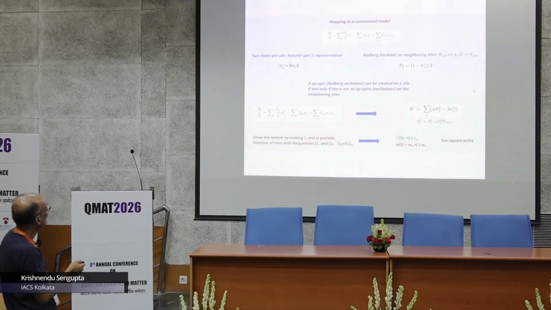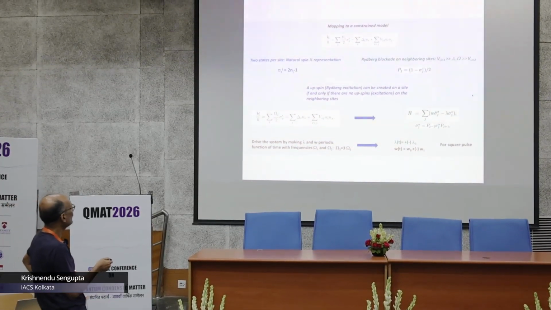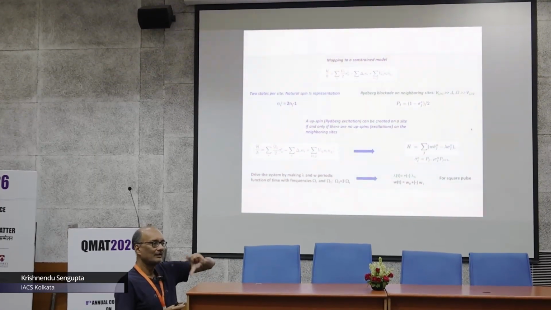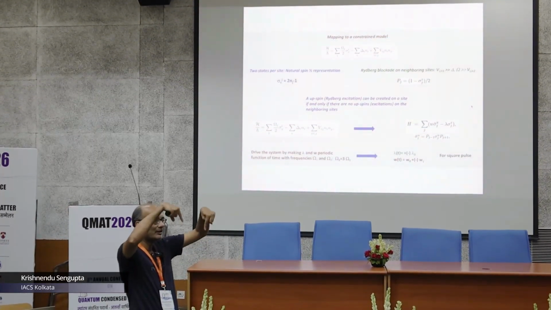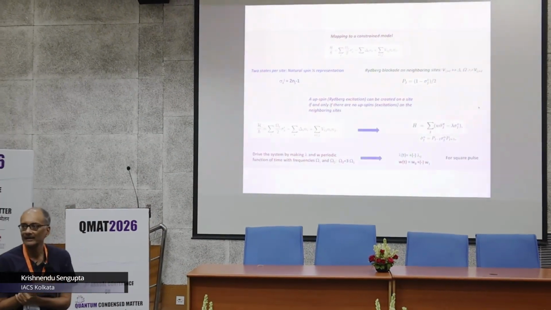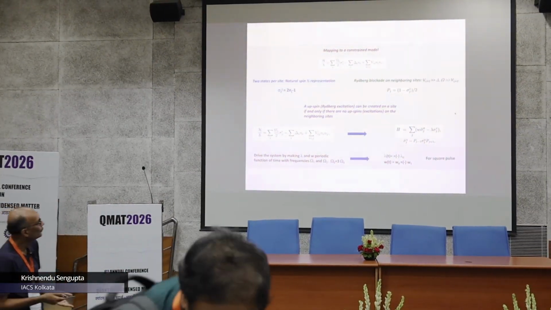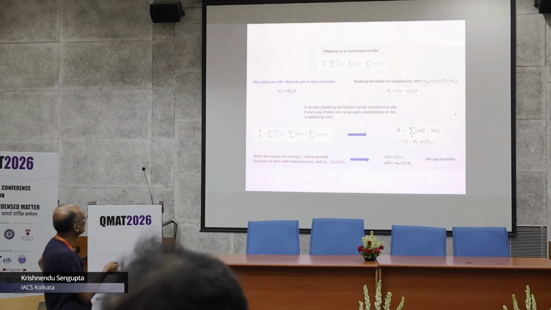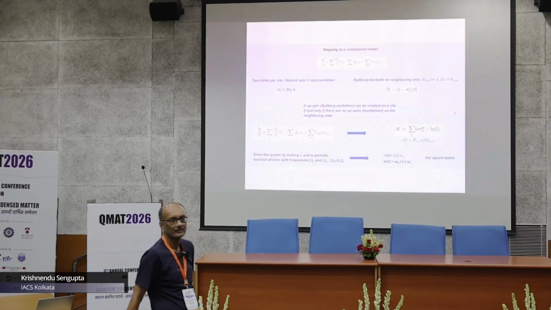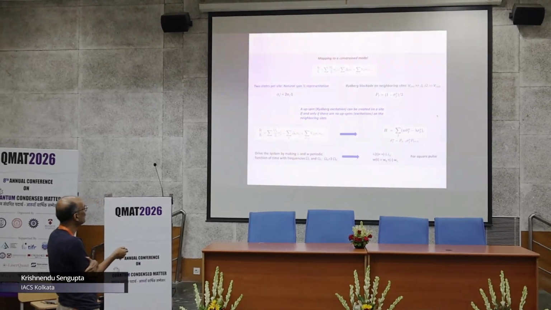Now the point is that to enforce the Rydberg constraint, I can only flip a spin on a given site provided the neighboring spins are down, and only then can I create a Rydberg excitation. This allows me to throw away configurations which have neighboring up spins. Okay, and that's the Rydberg PXP subspace.